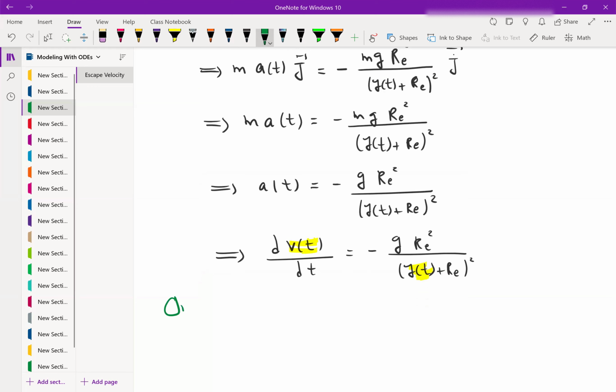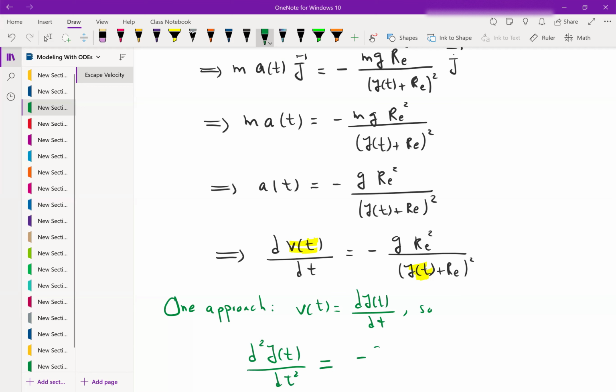So one approach here is as follows. Notice that v of t is the derivative of y of t with respect to t. So what you have on the left is the second derivative of position with respect to time, which is not a surprise. Yes, acceleration is the second derivative of position with respect to time.